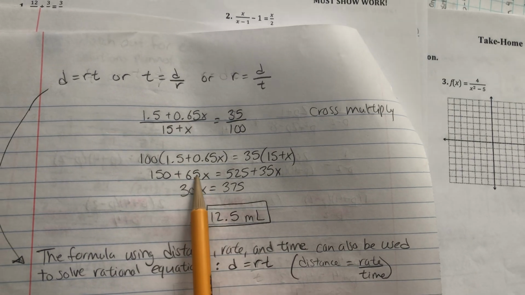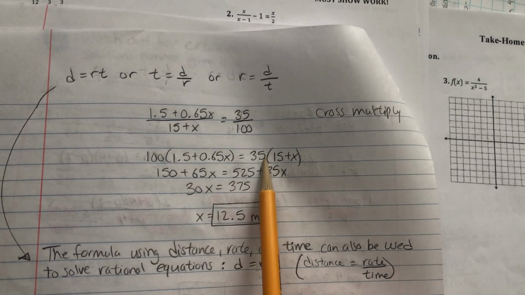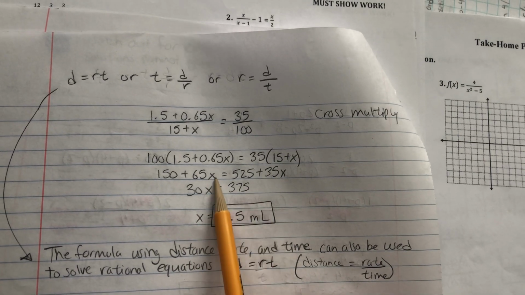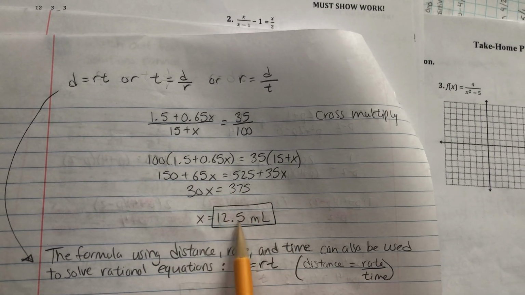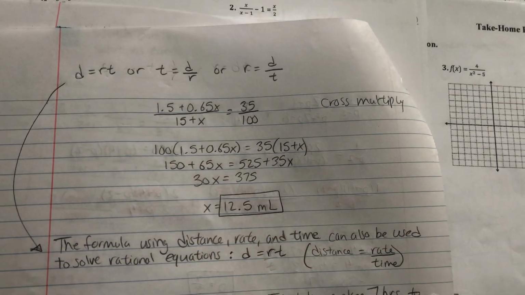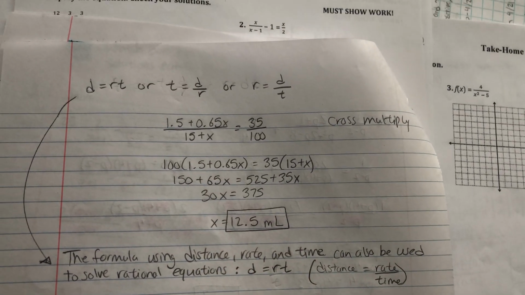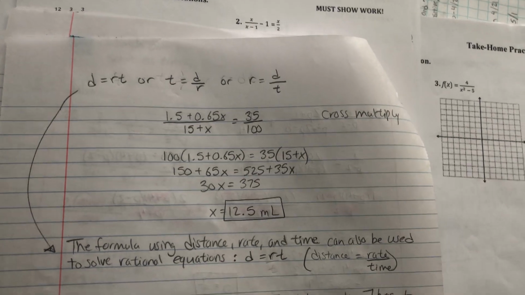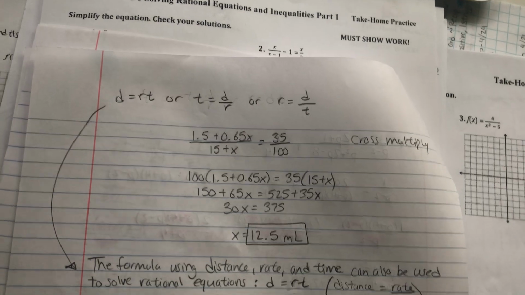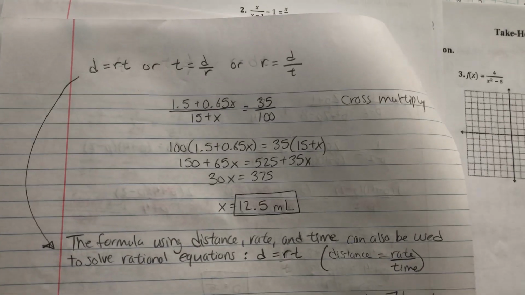Distribute 100 on the left, distribute 35 on the right. Combine like terms, subtract 35x, subtract 150, divide. Then we would have to add 12.5 milliliters of that 65% solution in order for it to mix with the 10% solution and create a 35% solution. So that's how mixture problems work.